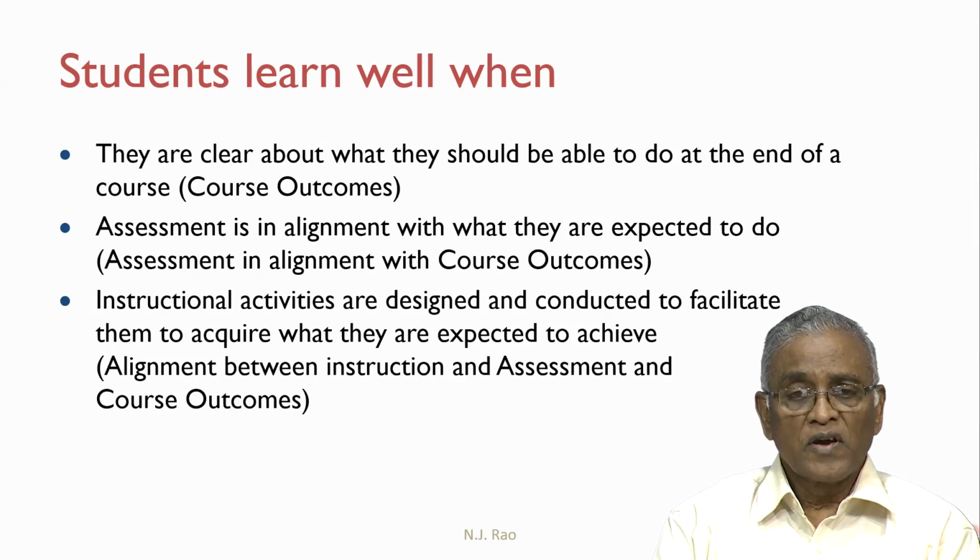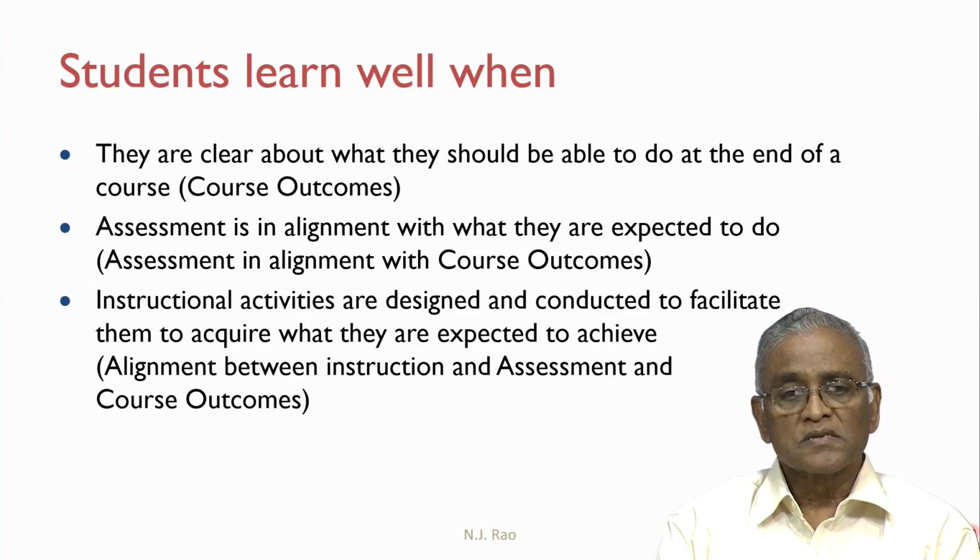This is what we have explained in the previous unit, saying that alignment is interpreted as the assessment being in the same cell of the taxonomy table as the course outcome. That is perfect alignment.